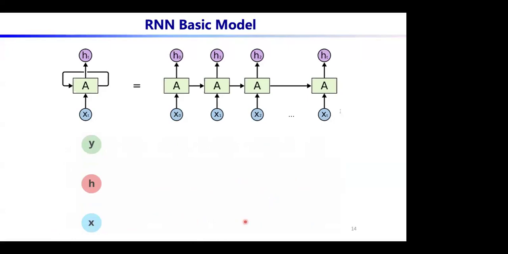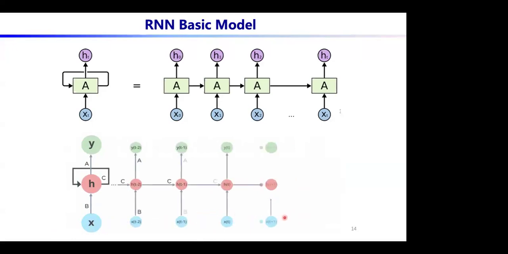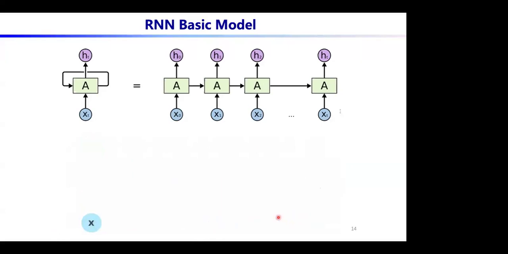So it is day by day, or word by word, time series, second by second, T1, T2, T3, and so on. So just remember, whenever we deal with the RNN, it is some kind of a time series or a word series.